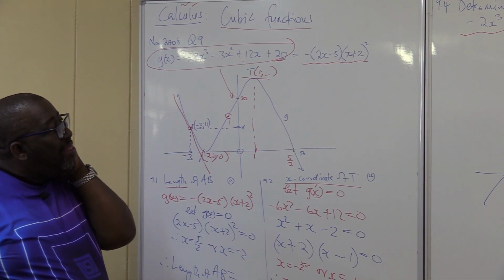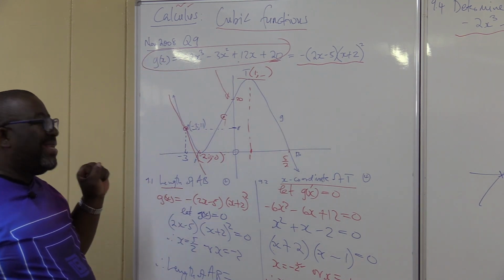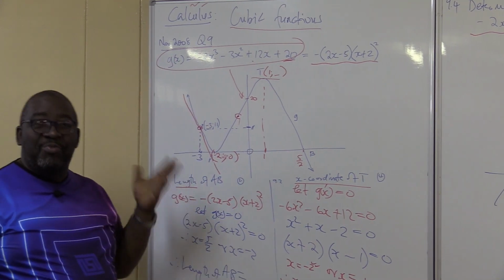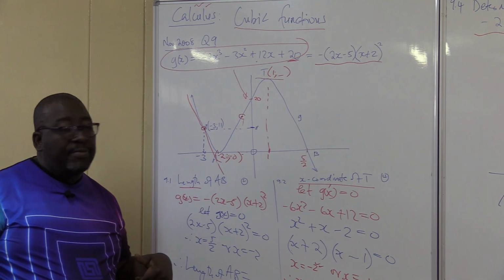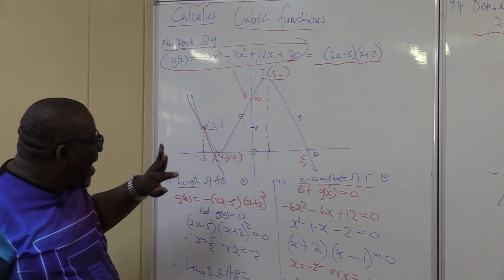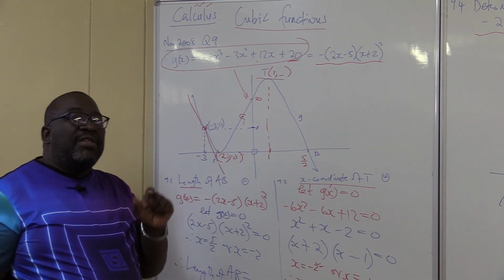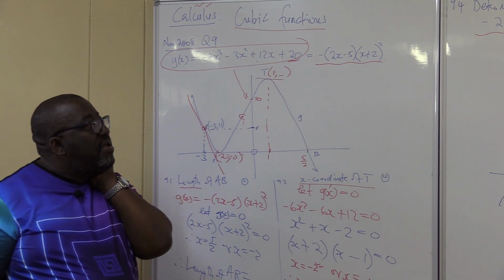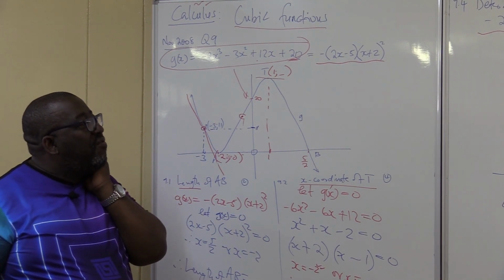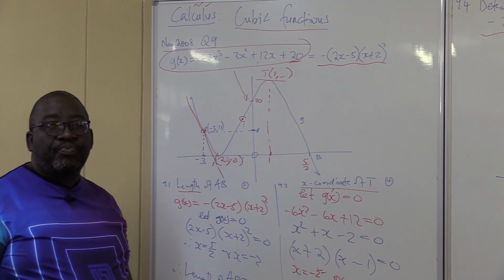The question says, determine the value or values of k for which this graph has three distinct roots. In other words, we need to move it up or down. But if I look at this graph, at this moment, there are two here and one there. Suppose the question says, determine the value or values of k for which this graph will have one real root.